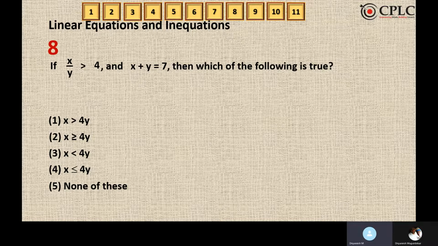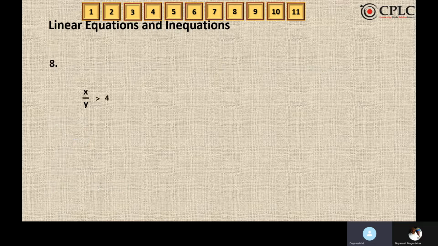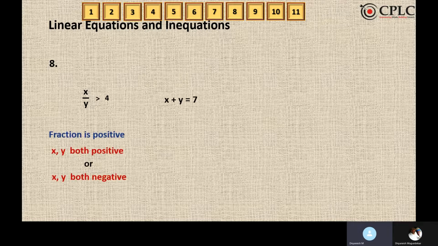That means there is a fraction which is greater than 4, which implies that it's a positive value of a fraction. Now think of this in a reverse manner: when is a fraction positive? Whenever either both numerator and denominator are positive or both numerator and denominator are negative, that is when the fraction is positive.